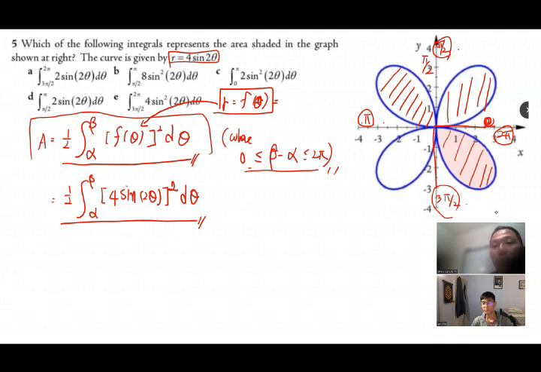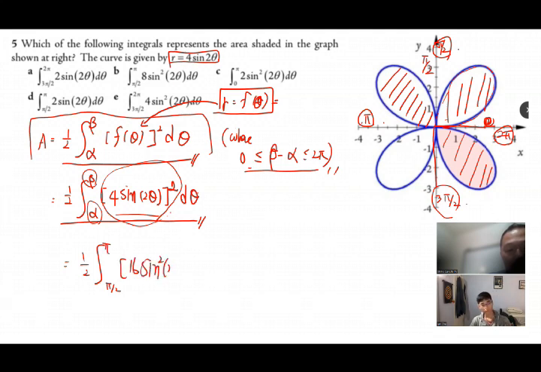So it doesn't matter where you actually integrate because these four leaves are identical to each other. So you can pick and choose the range of this integral, but the more important part is this one: 1 over 2 from, maybe, pi over 2 to pi, of 16 sine squared 2 theta d theta.